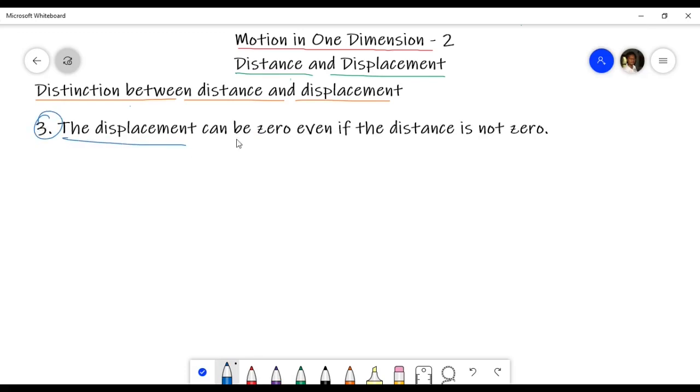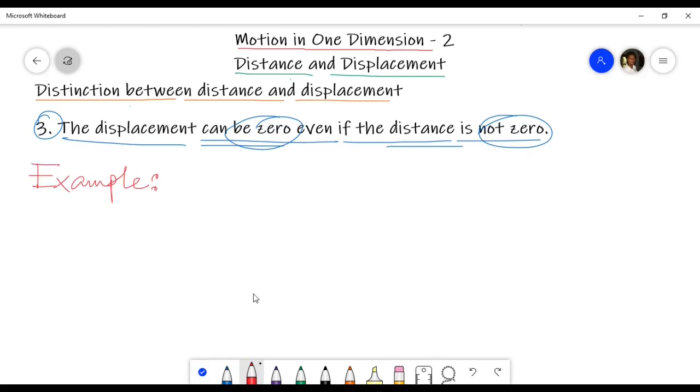Let us see the third point. The displacement can be zero even if the distance is not zero. For example, let's see one example.